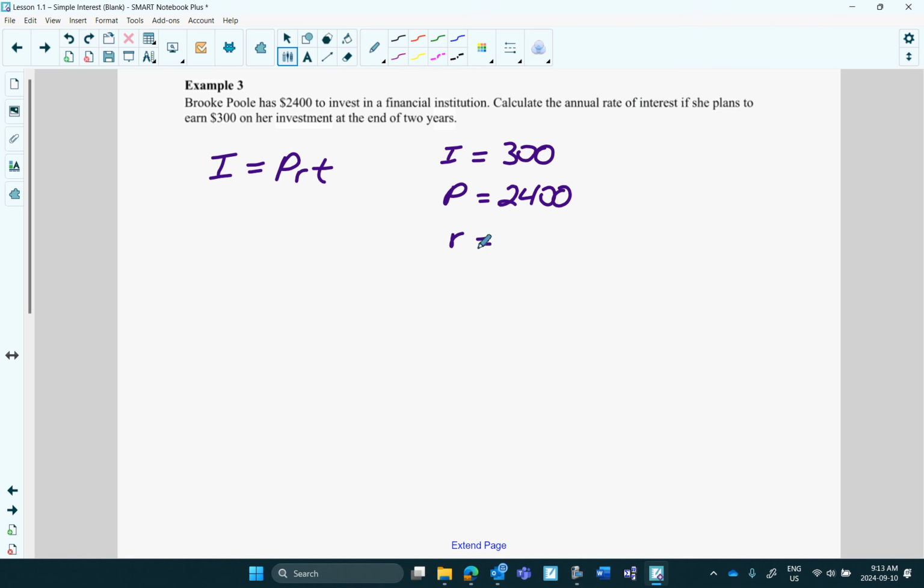The rate is what we don't know, and the time is 2. So 300 is going to be 2,400 times R times 2.